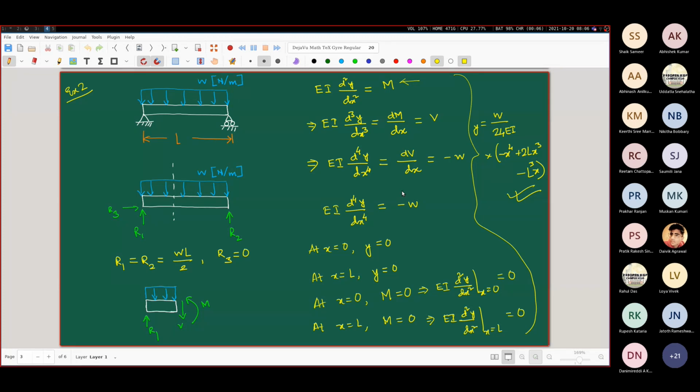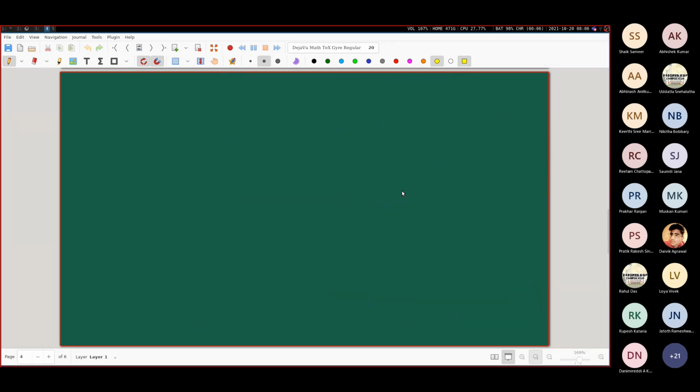Now we will consider another problem. We'll consider a number of problems, but just to illustrate a couple of new things, let me just take this problem. Another simply supported beam, but by means of providing these rollers, I am ensuring that this is a statically determinate case.